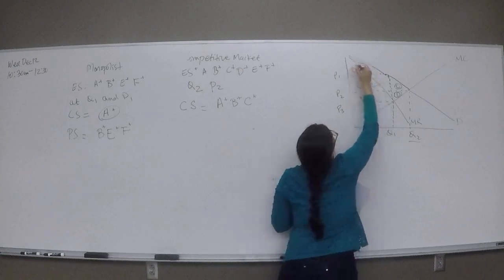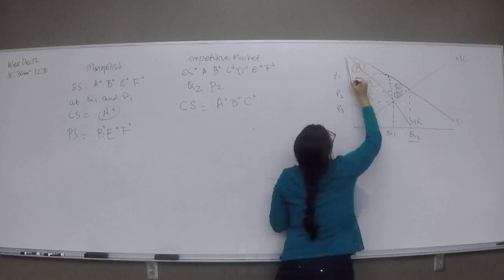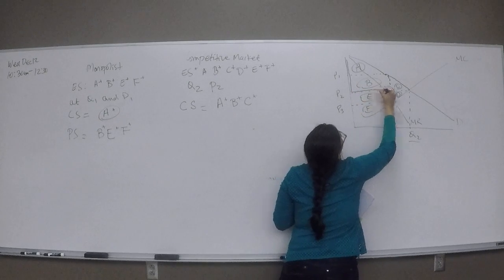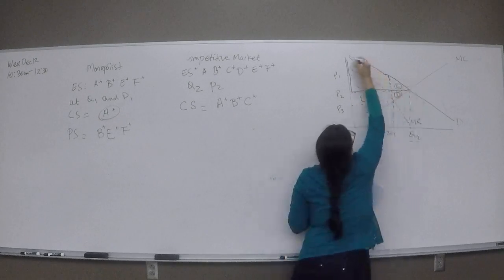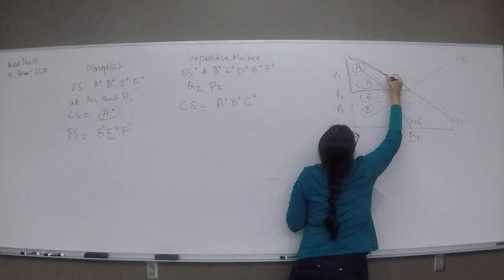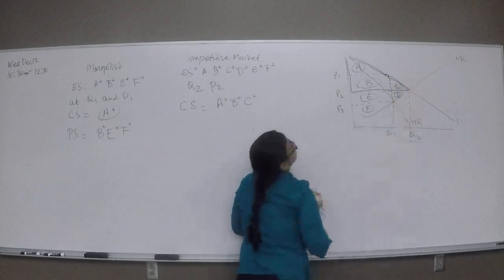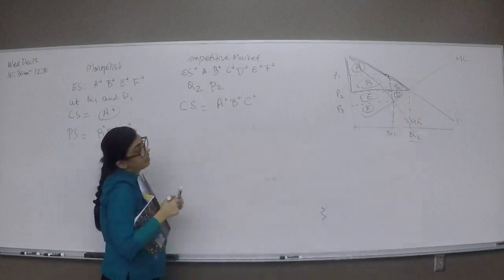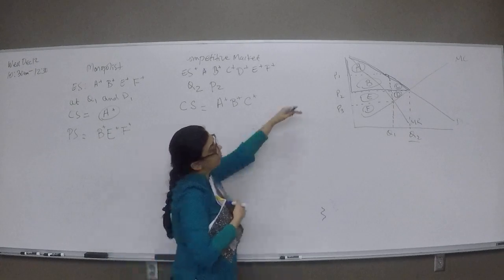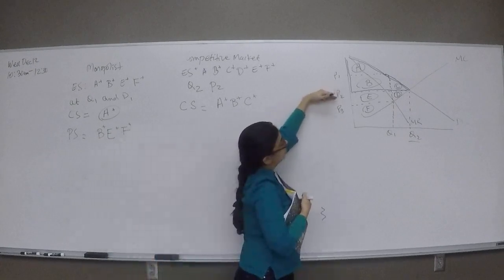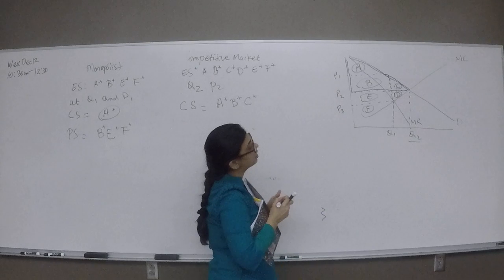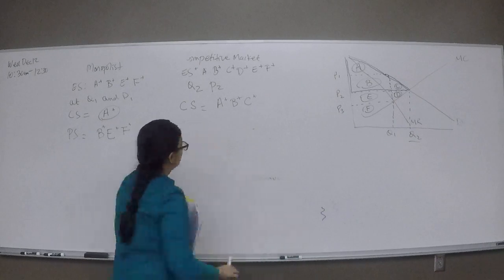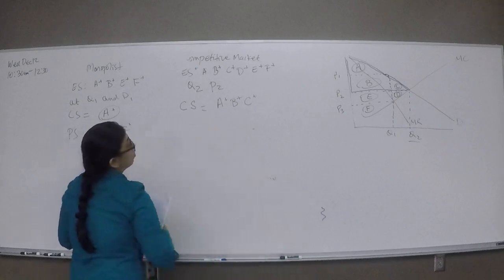So underneath the demand curve and above the market price is the consumer surplus for a competitive market.